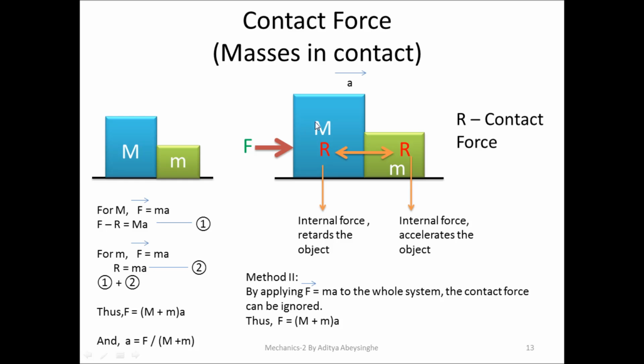This internal force retards this object because the applied force is in this direction and the internal force is in this direction, so it acts to oppose this force. But the force exerted by the larger mass on the smaller mass is in the direction of F. So this favors the motion and thus accelerates the object.